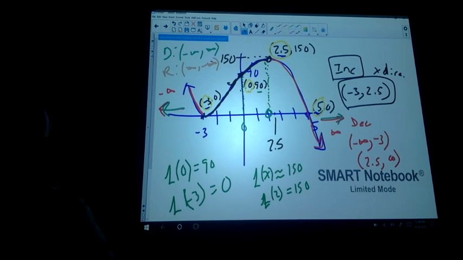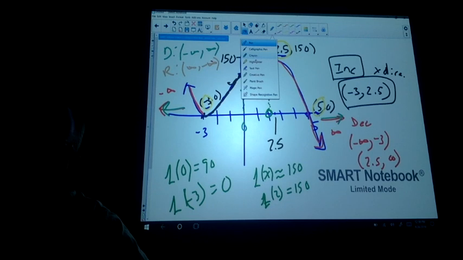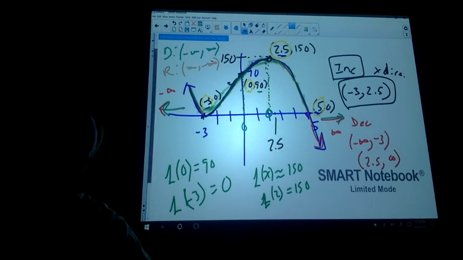Okay? And then the intervals for where this function is positive. All right, let's see if we can figure this out. I'm going to bust out using a crayon. Okay, positive. So positive means I am above the x-axis. Okay, so I want to label where this graph is going to be positive.